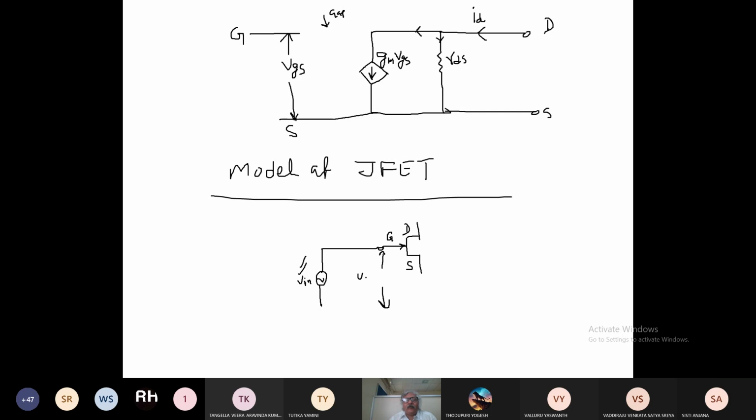So V in is equal to the voltage between gate and source. This type of model we have to draw for that AC equivalent circuit we have drawn.